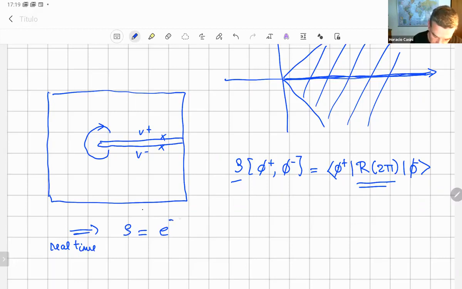And when you go to real time, this generator corresponds to the boost operator. So K is equal to 2 pi. This remembers the angle 2 pi in the Euclidean formulation times the boost operator. In fact, it's half the boost operator.